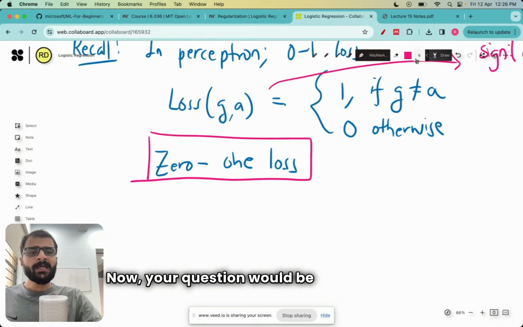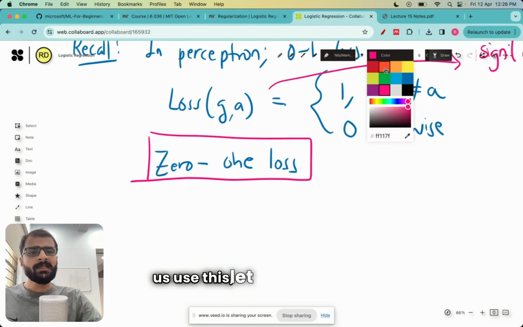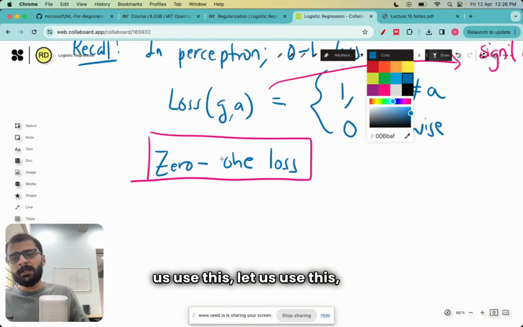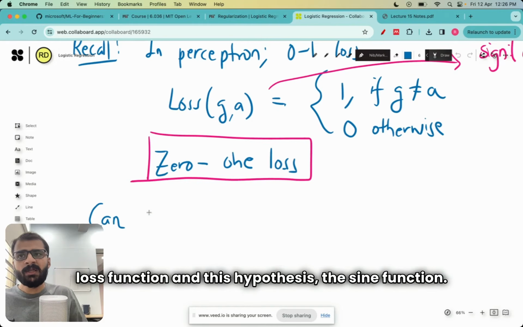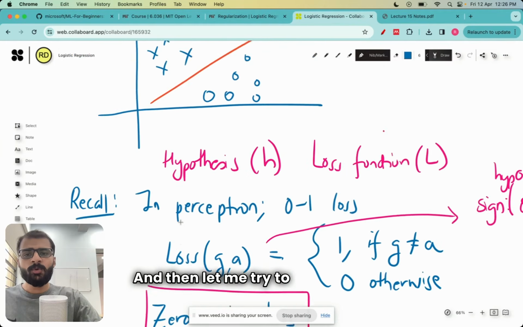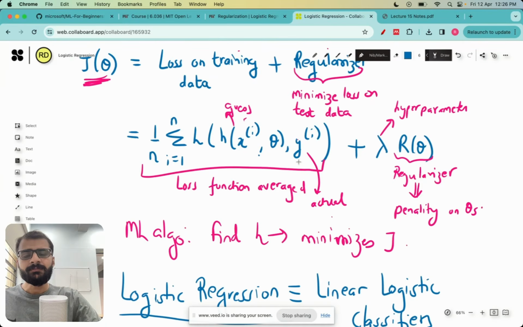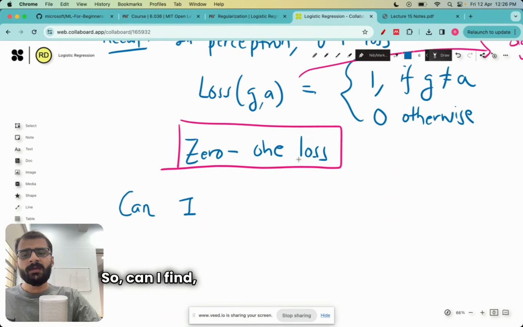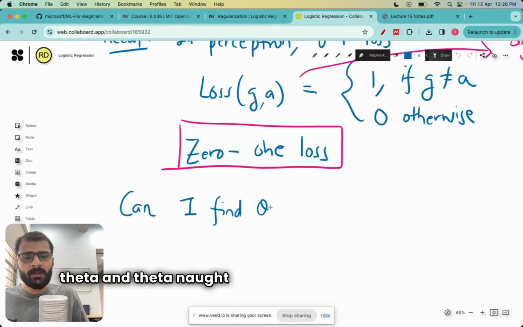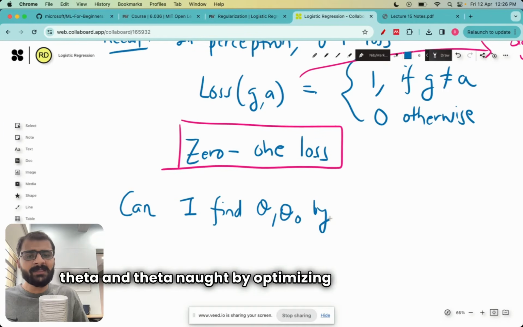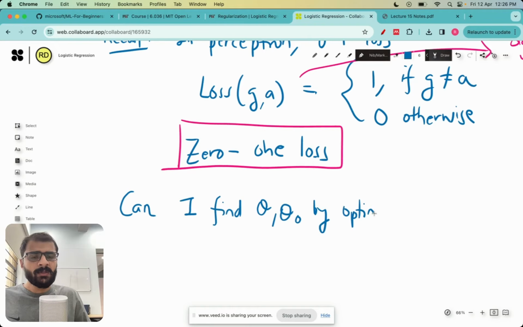Now your question would be that, okay, let us use this loss function and this hypothesis, the sign function, and then let me try to optimize this. So can I find theta and theta naught by optimizing the 0 1 loss?